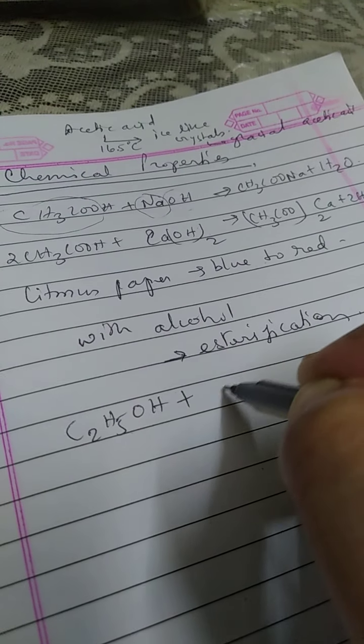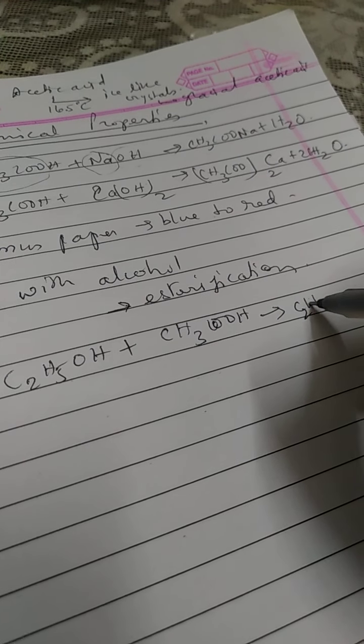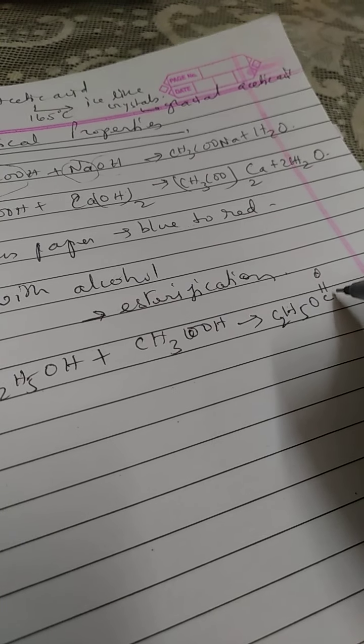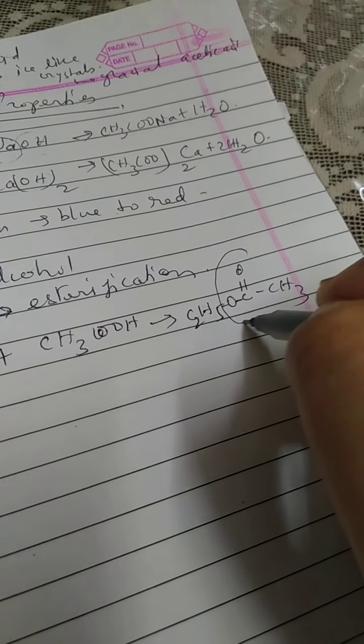That is, when alcohol C2H5OH combines with the acid, it forms C2H5OCOCH3, that is your ester. This functional group is called the ester.